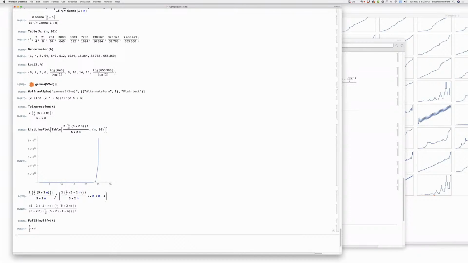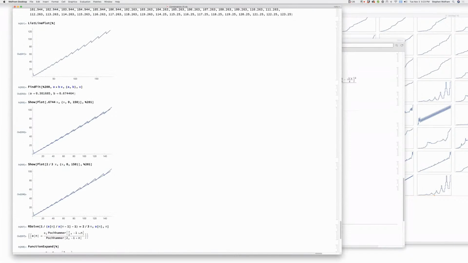Okay, so that means each successive term is n plus 3 halves, which is exactly right. That's exactly what I would expect. Right, the ratios go up like n plus 3 halves. So in a first approximation, the final answer is on the order of n plus 3 halves to the n, which is kind of what I expect.